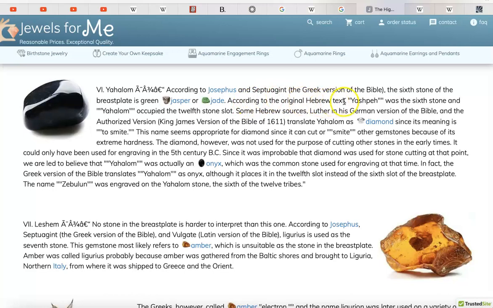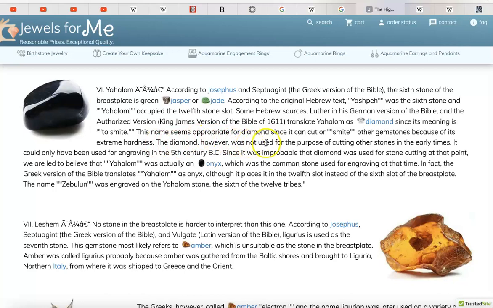According to the original Hebrew text, Yashpech was the sixth stone, and Yahalom occupied the 12th stone slot. Some Hebrew sources, Luther in his German version of the Bible, and the authorized King James Version of 1611, translate Yahalom as diamond, since its meaning is to smite. This name seems appropriate for diamonds, since it can cut or smite other gemstones because of its extreme hardness.